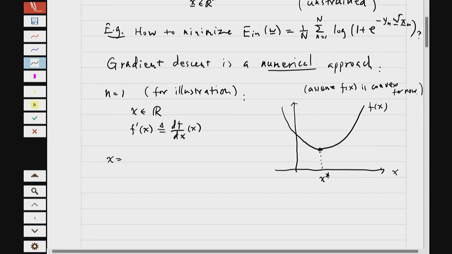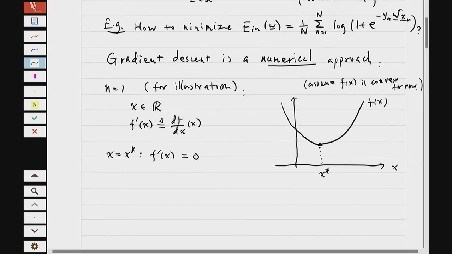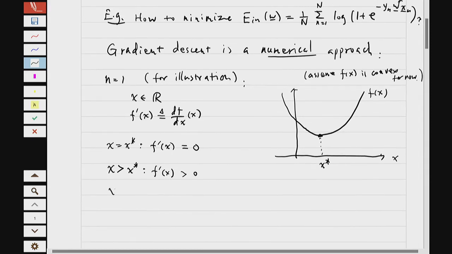So if x is equal to x star, f prime of x is, of course, equal to 0. What if x is on the right-hand side of x star? Again, this is a convex function, right? f prime of x is positive, greater than 0. And likewise, if it's on the left, this f prime is less than 0.